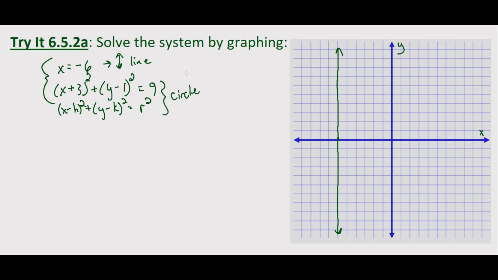And we know that with this equation (h, k) is the center, and in this case h is -3 because this is x minus h, so this is x minus -3, and y minus k, so y minus 1, k is just 1. So we know the center is at -3, 1. We'll go ahead and draw that in here, -3, 1.